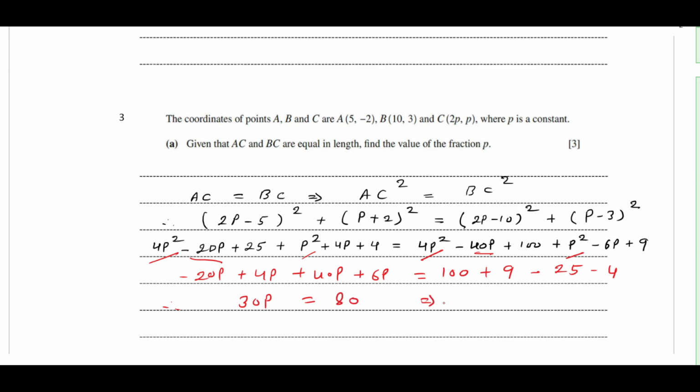So the value of p is 80 divided by 30, which is 8 divided by 3. In simple form, it's 8 by 3. The value of p is 8 by 3.